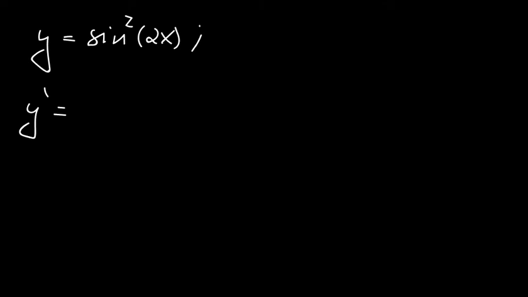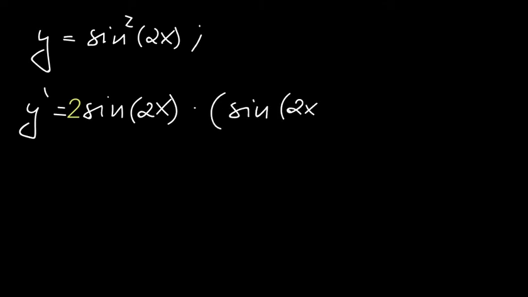First, let's look at it as x squared. So we get that this will give us sine of 2x times a derivative of sine of 2x. Now, this is a composite function again, so we need to use the chain rule again.